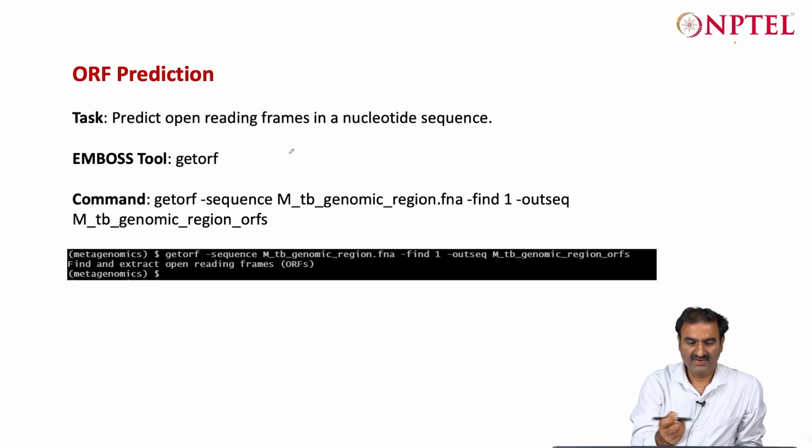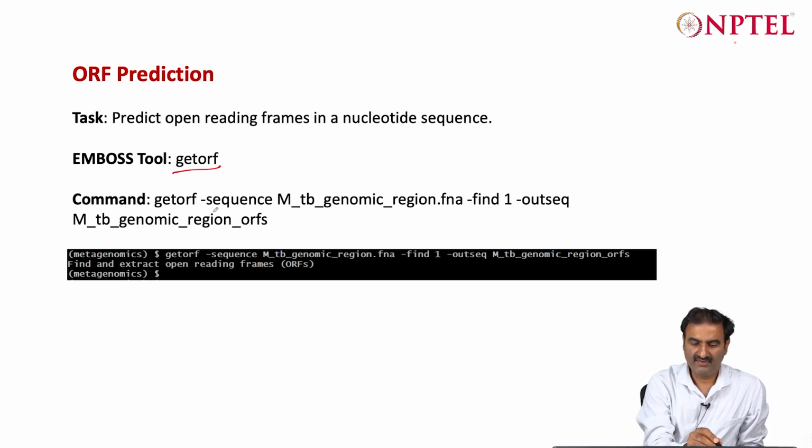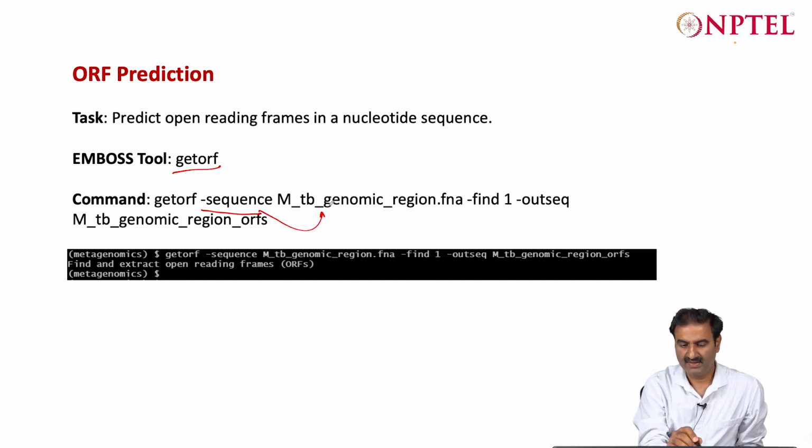Basically the program to find ORFs is getorf. So the getorf sequence is this, and this is the file inside the sequence tag that we used, and this is the input file name.